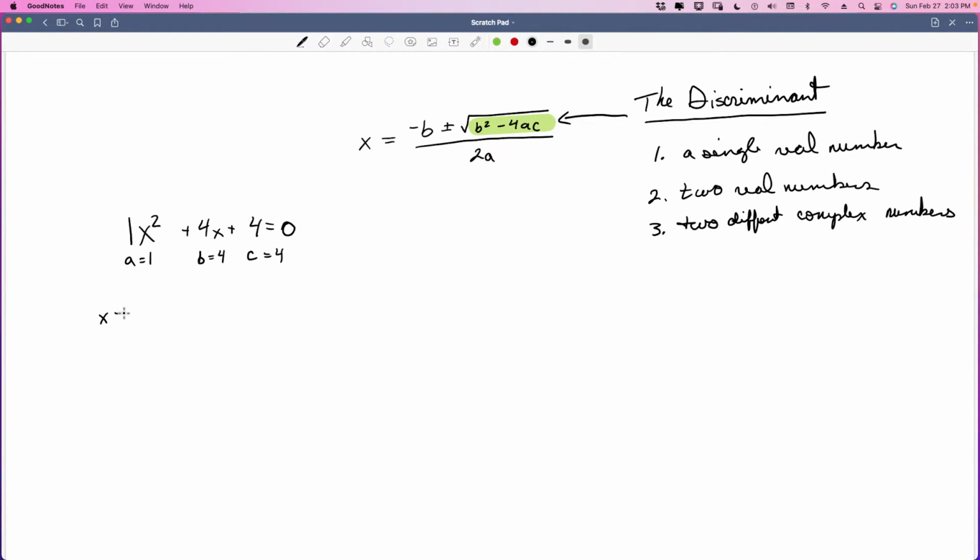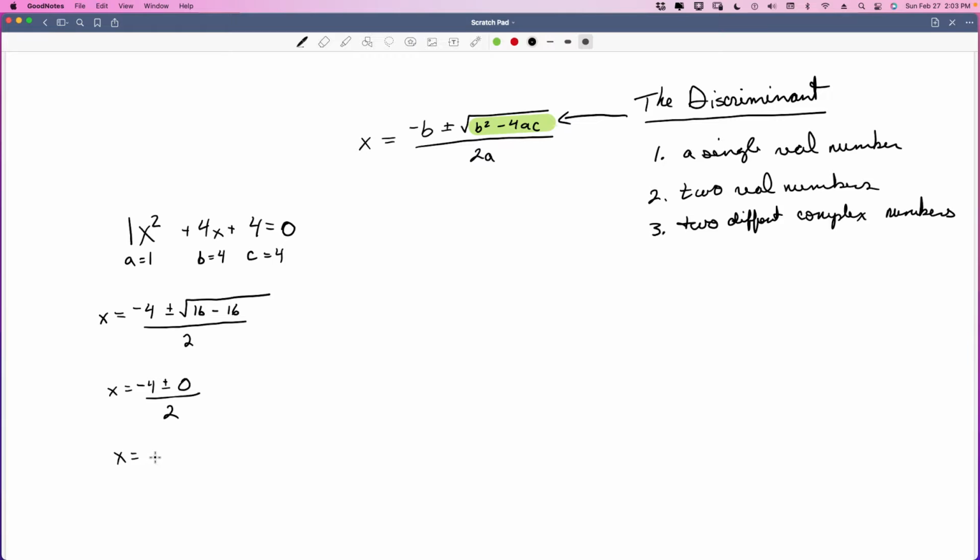We are going to say x is equal to -4 plus or minus the square root of 16, because 4 times 4 is 16, minus 4 times 1 is 4, times 4 is 16. So 16 minus 16 over 2 times a, which would be 2. So we have x is equal to -4 plus or minus 0 divided by 2.